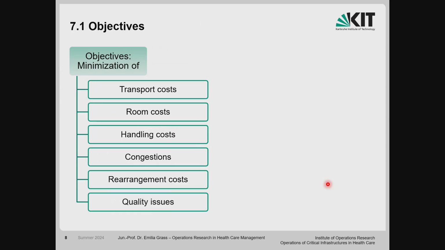Okay, so, and now the objectives. Of course, we have this traditional transport costs, where we would like to minimize the room cost, handling costs, but also congestion. This is maybe relevant for hospitals, so that we don't want to have too many patients in one room waiting. But also rearrangement costs. When we realize, oh, we made a mistake and we could rearrange it in a better way, that has also some costs involved.